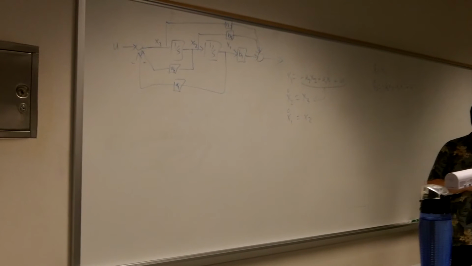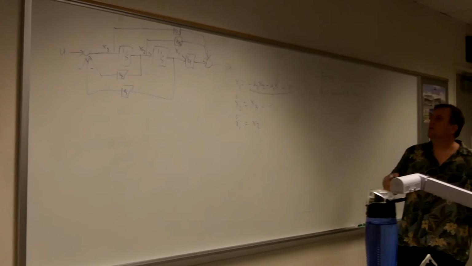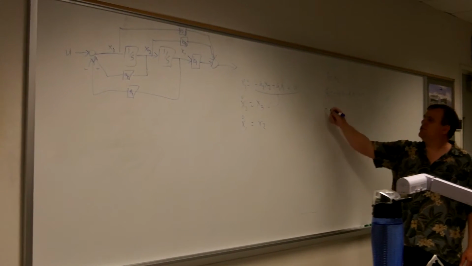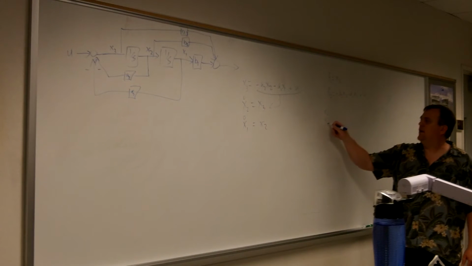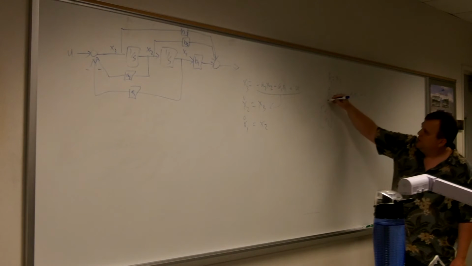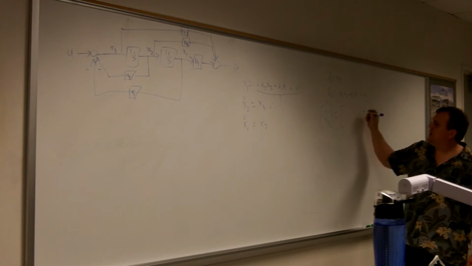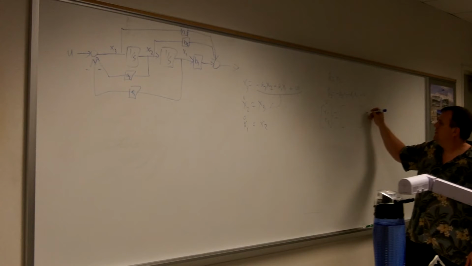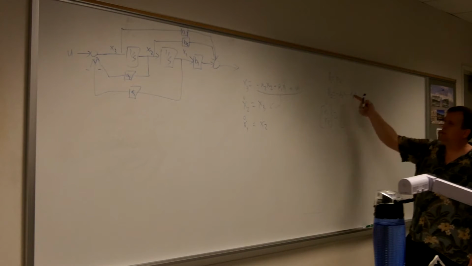Would you agree? Write this as a matrix. x1, x2, I call that my vector. Take its derivative. It's got to be equal to something times x1, x2. You can see it's nice and linear.